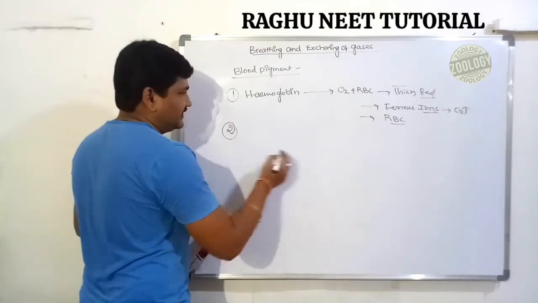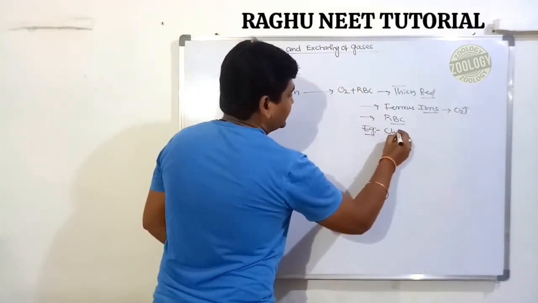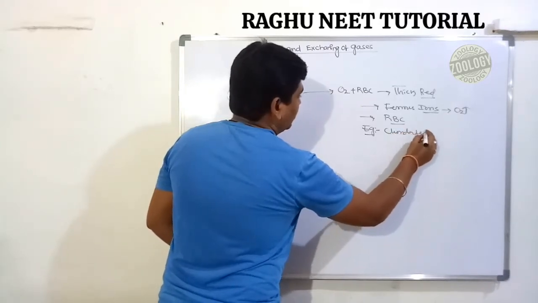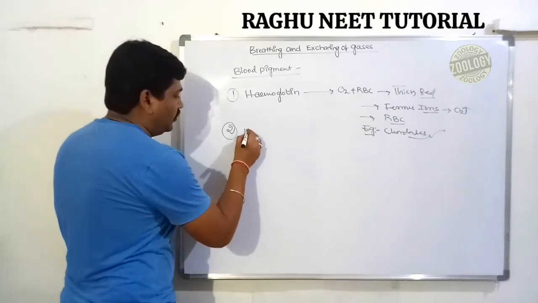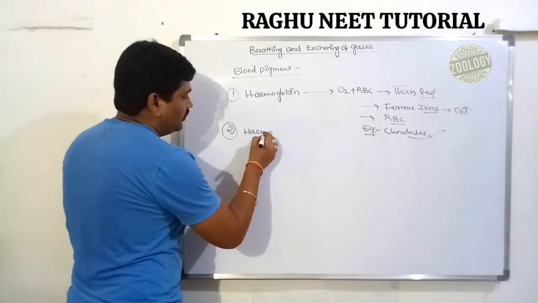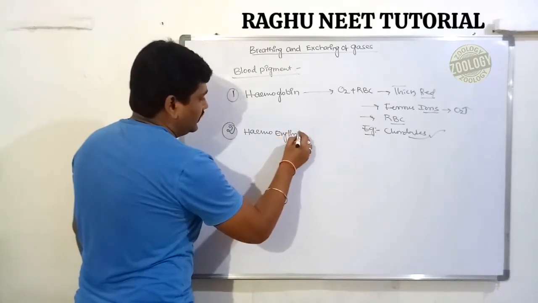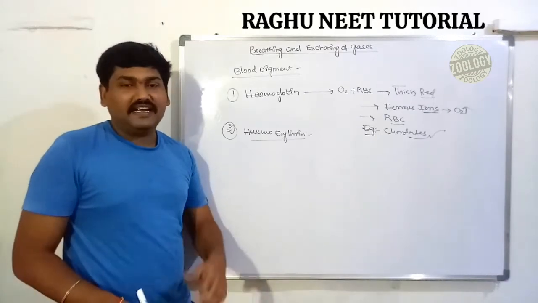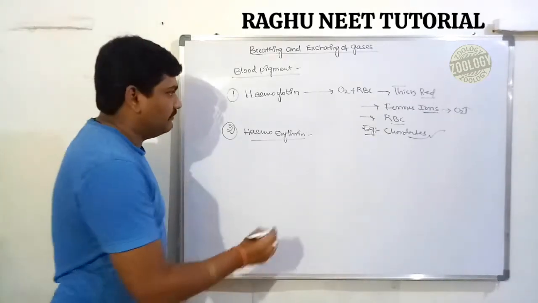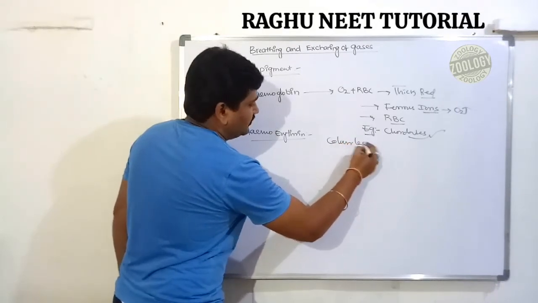Examples are most of the highly developed chordates. Second one is known as hemoerythrin. What is the hemoerythrin? The hemoerythrin is a completely colorless blood pigment.